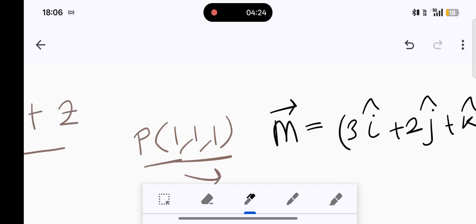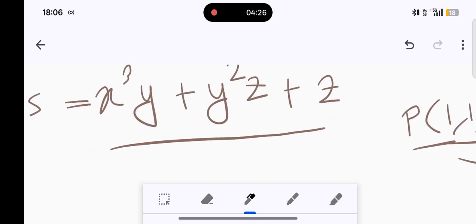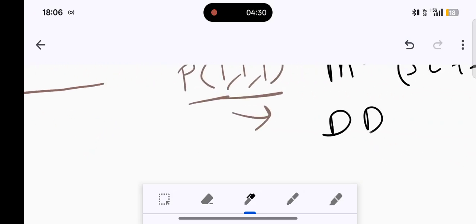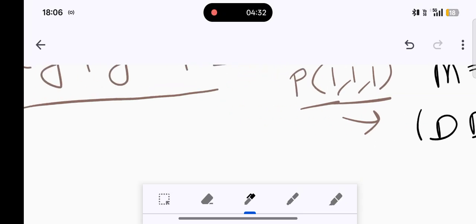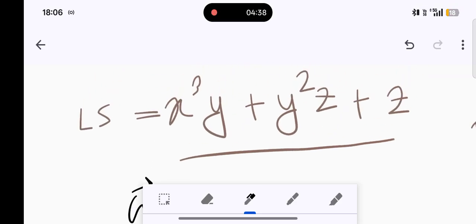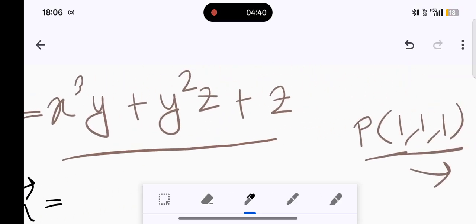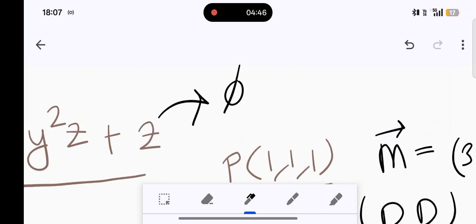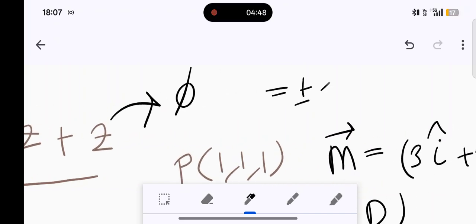In that case, we need to find the gradient and we need to find the DD, okay? So first we need to find the gradient, so we need to operate on it. This is the equation of the level surface.